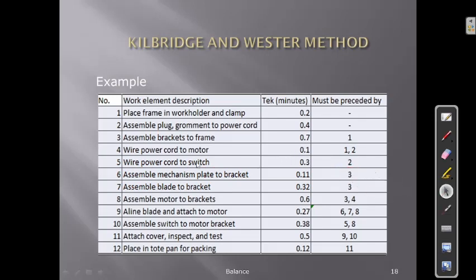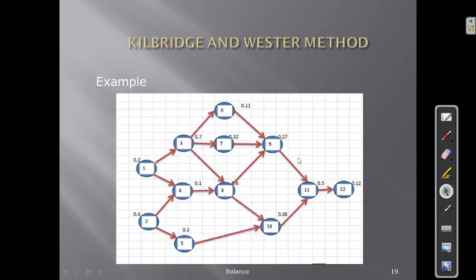Now we look at work element 4 in the precedence diagram. The predecessor means it should start only after that work element is finished. Element 4 has predecessors 1 and 2; only if elements 1 and 2 finish will element 4 start.